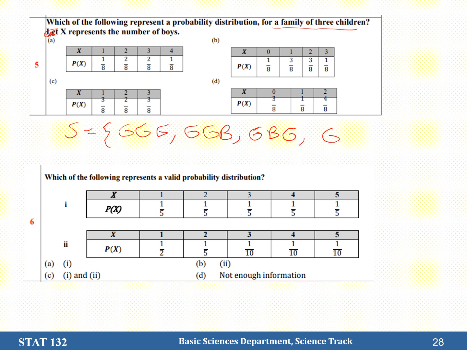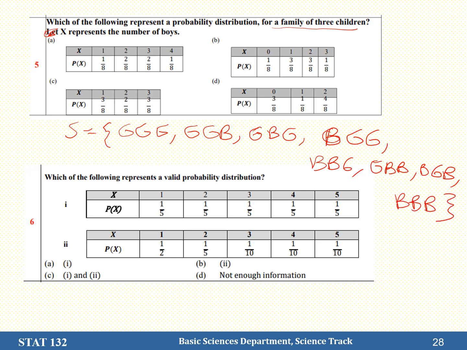It might be then boy, girl, girl, and then 2 boys and girl, and 1. Okay, the first girl and 2 boys, and boy, girl, boy, and the last one is all boys here.